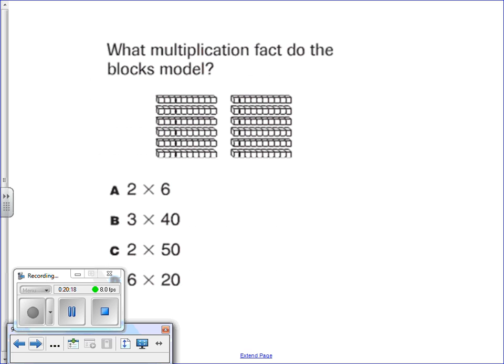What multiplication fact do the blocks model? Who can eliminate one choice right off the bat? Eliminate one choice. Brianna. Why?